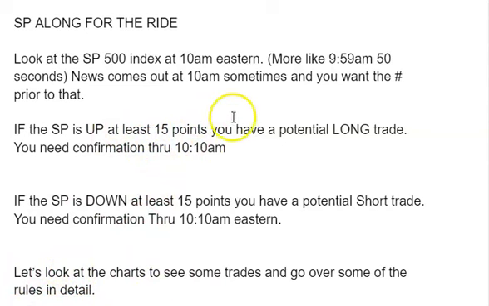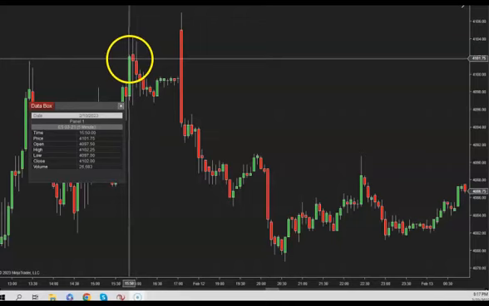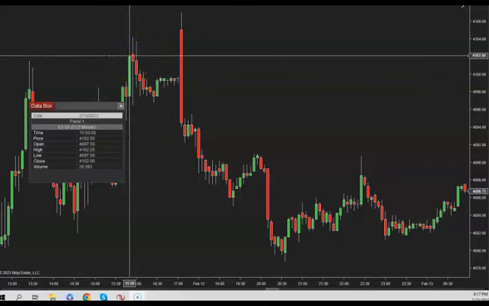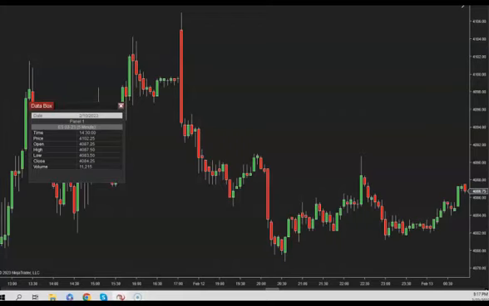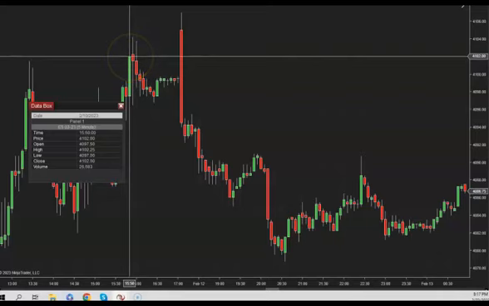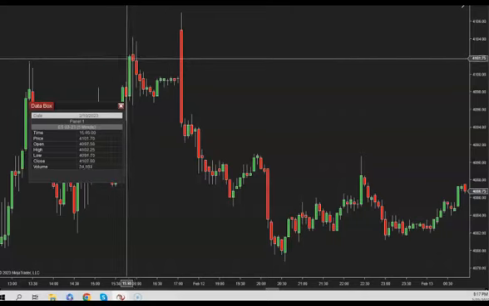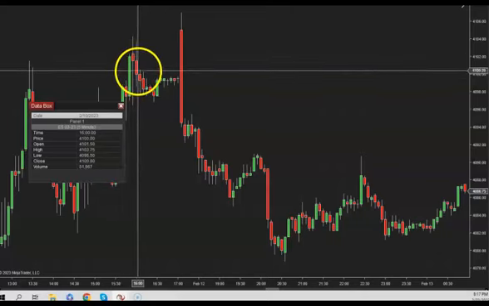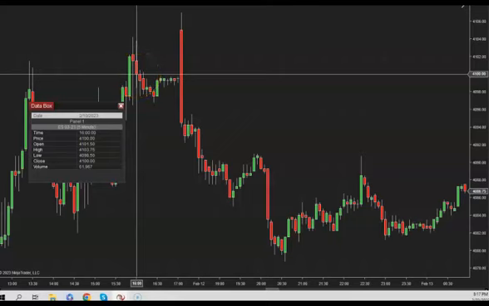So we're going to look at a long trade first. This particular trade happened on Monday, the 13th of February of 2023, but this was the close on Friday. I'm looking at the mini for the S&P right here, and you'll see it closed at 4,100. So the 16 right there is 4,100.